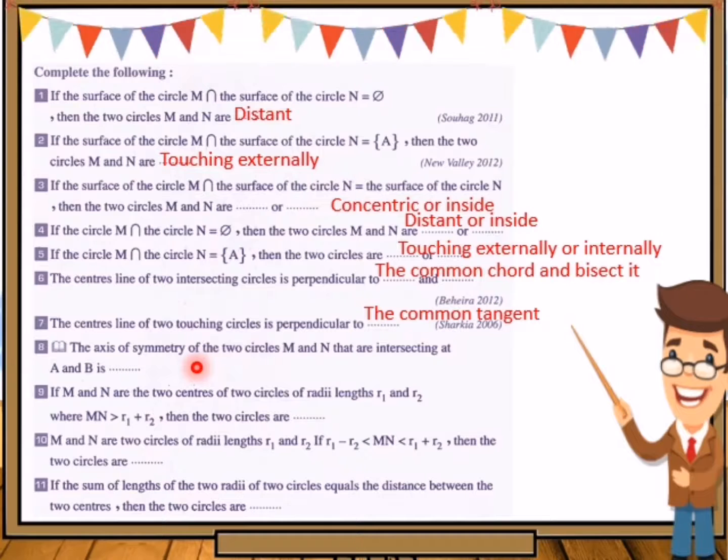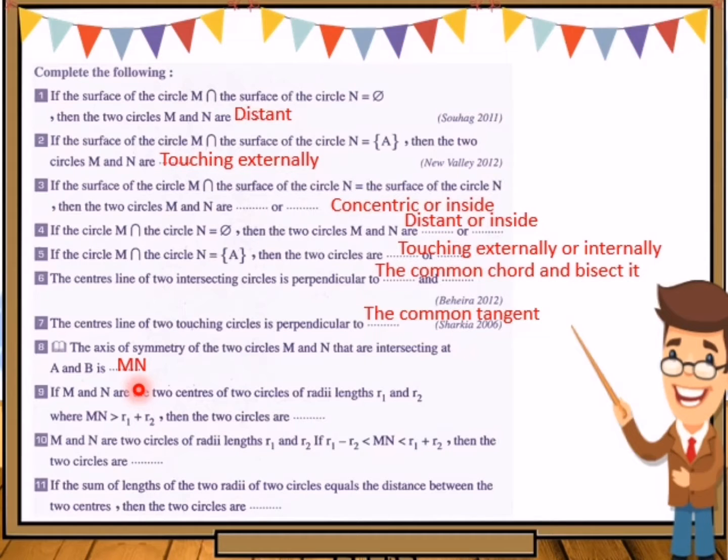Number 8, the axis of symmetry of two circles M and N that are intersecting at AB will be the line segment MN.